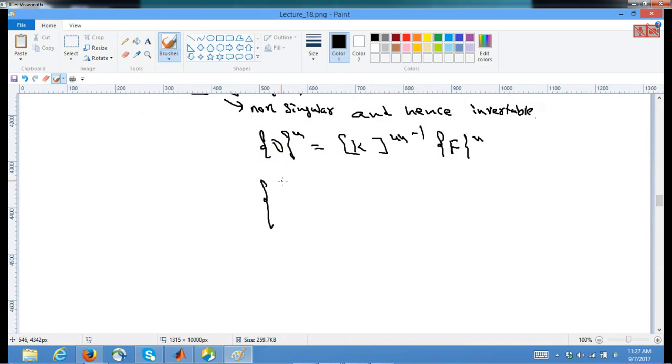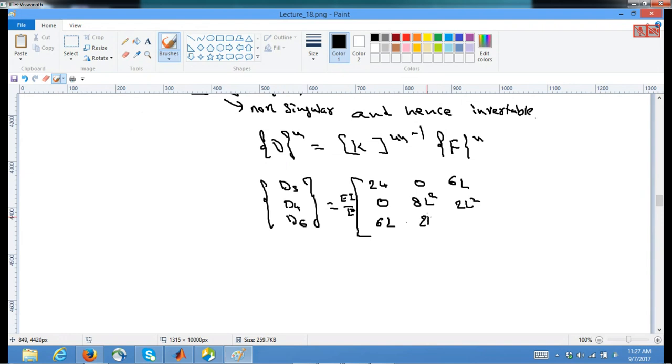Du, which is D3, D4 and D6, is the inverse of 24 EI by L cube times the matrix with rows 24, 0, 6L; 0, 8L square, 2L square; 6L, 2L square, 4L square, into Fu.